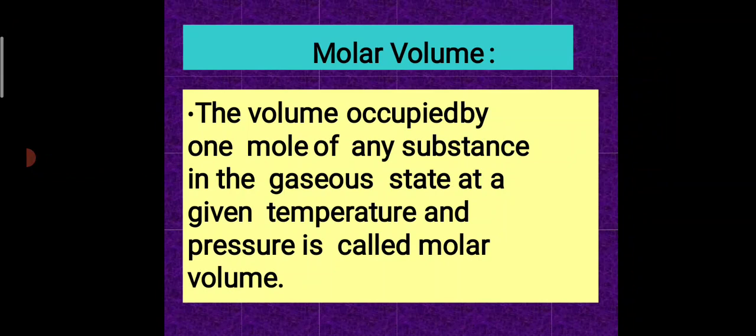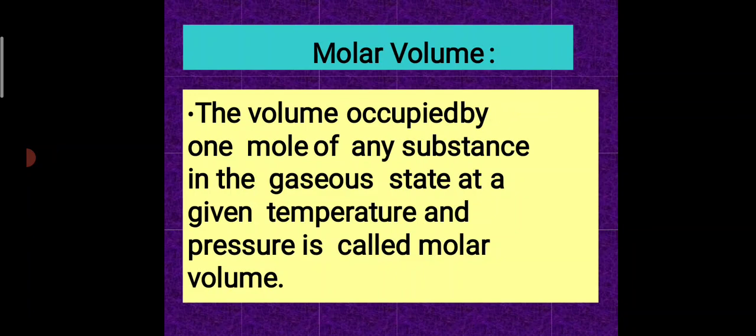Next is molar volume. The volume occupied by 1 mole of any substance in the gaseous state at a given temperature and pressure is called molar volume. So the volume occupied by 1 mole of any substance.